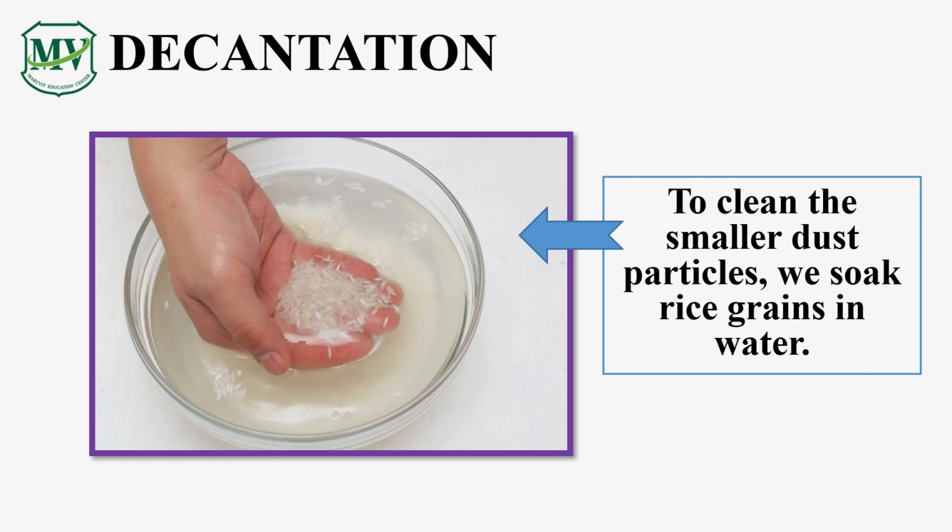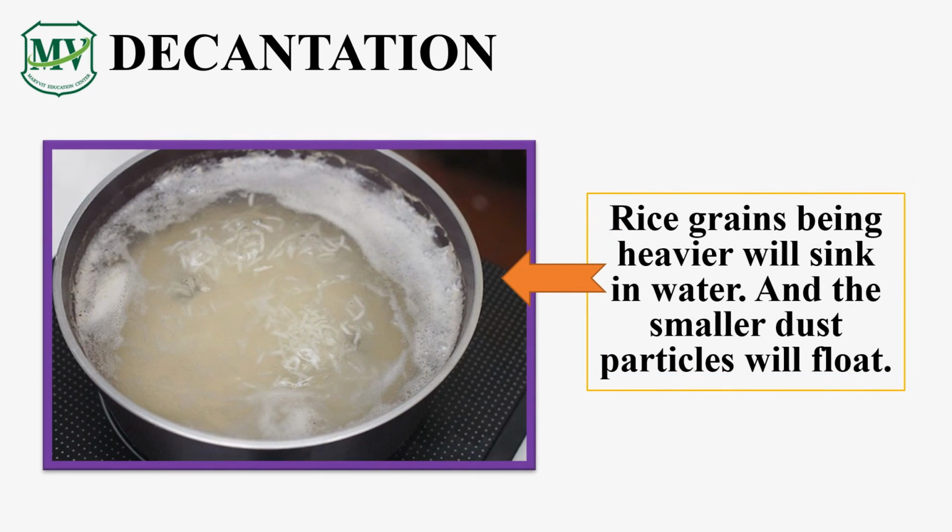What will happen next? Knowing that rice grains are heavy, will it float or sink? Yes, rice grains being heavy will sink in water, and the smaller dust particles will float. And then, what will you do next?